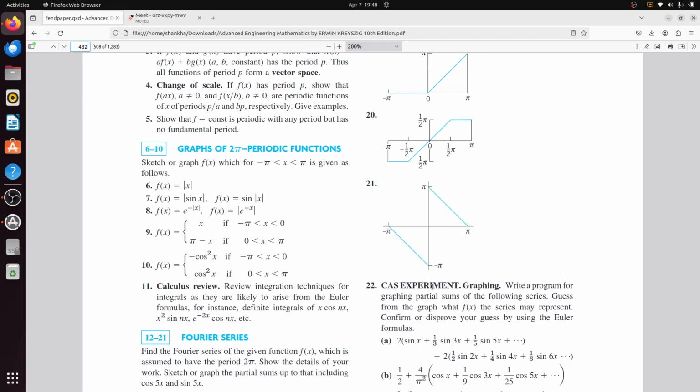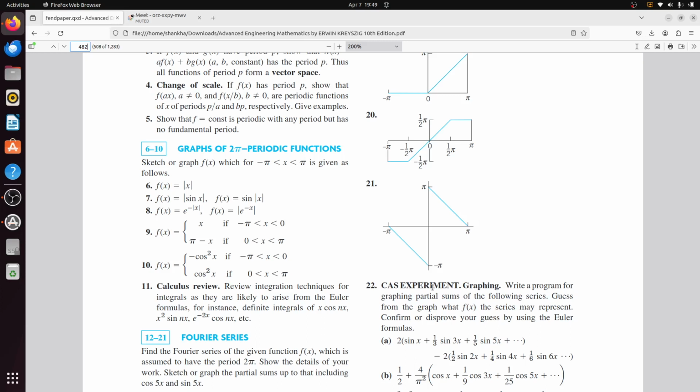I am defining a function for you as f(x) equals minus x minus pi, and this as pi minus x.